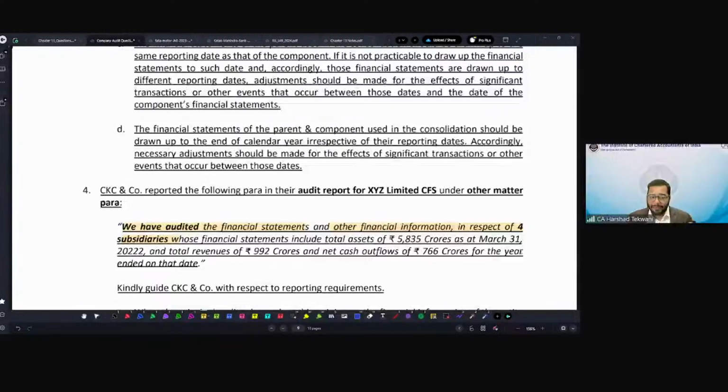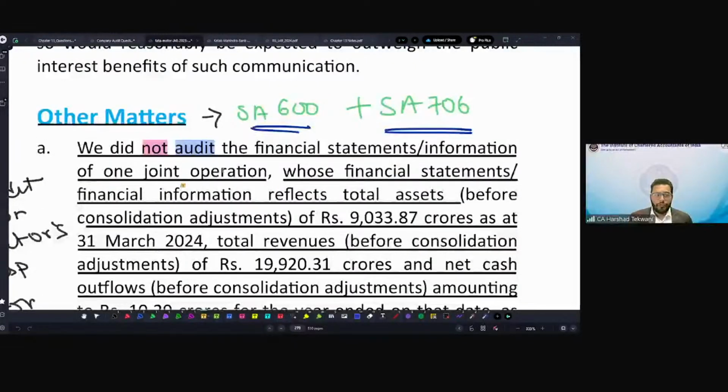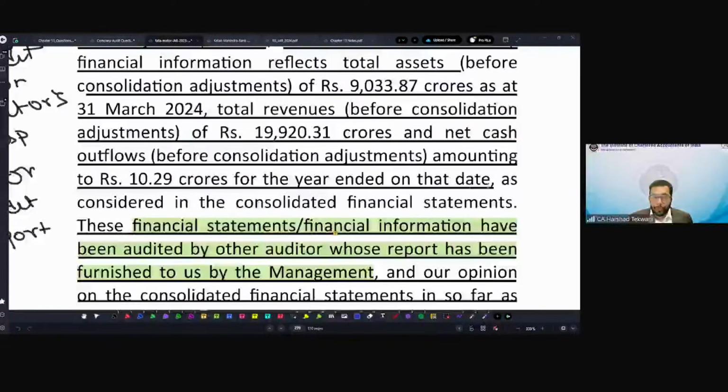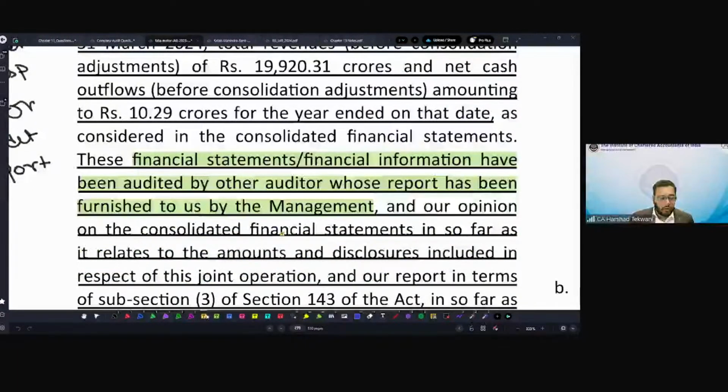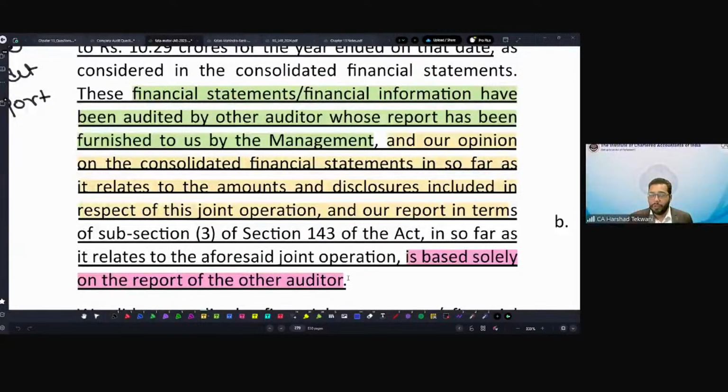As a result, I will specify the numbers the way they are given, showing whose financial information is reflected and whose information was audited by other auditors, whose report has been furnished to us and included in the report of other auditors. This particular paragraph from this line is missing.